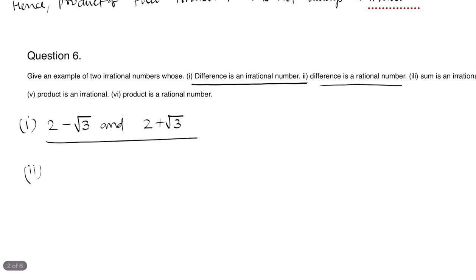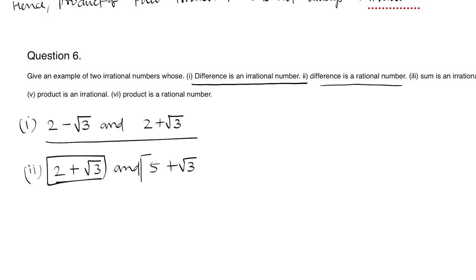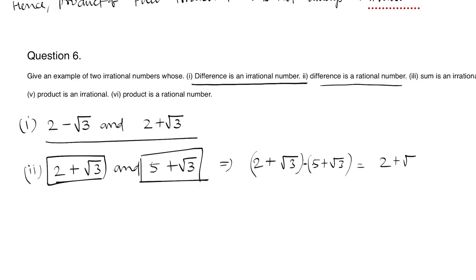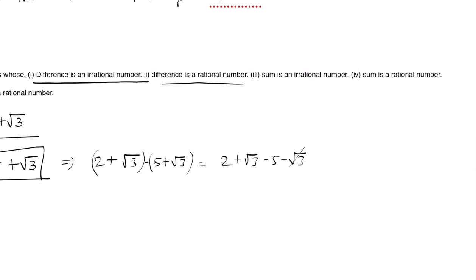The second question is the difference is a rational number. For example, 2 plus root 3 and 5 plus root 3. This is an irrational number and this is again an irrational number, but the difference will be a rational number. For example, 2 plus root 3 minus 5 plus root 3, which is equal to 2 plus root 3 minus 5 minus root 3. Root 3 cancels, which is equal to minus 3, which is a rational number.